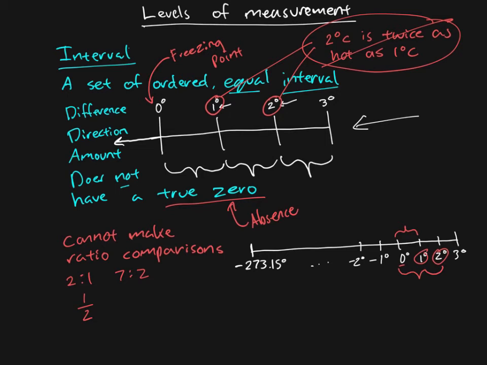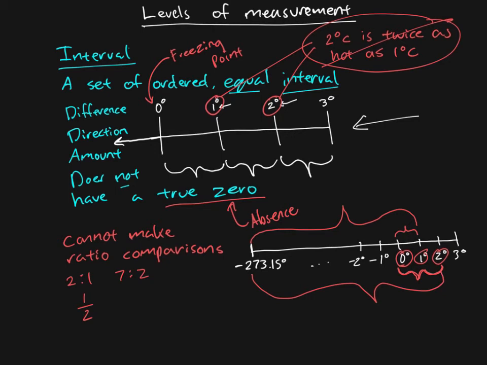But because this is an arbitrary 0, this is not twice the temperature of 1 degree Celsius, because 1 degree Celsius is actually this much temperature, and 2 degrees Celsius is actually this much temperature.